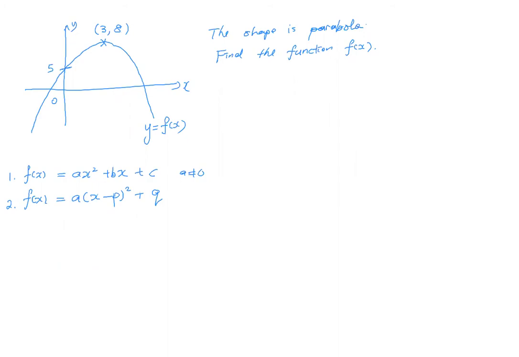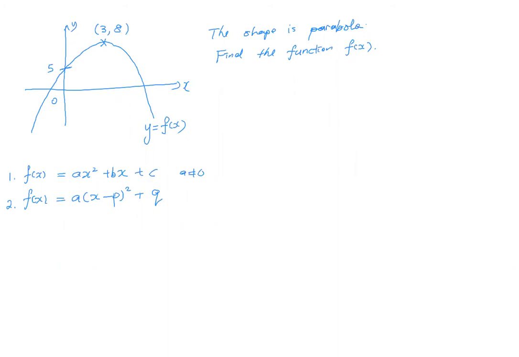It depends on the information given on the graph. So you are going to use 1 or 2 to help you to find the function. Ayman, which one are you going to use? 1 or 2? 2.